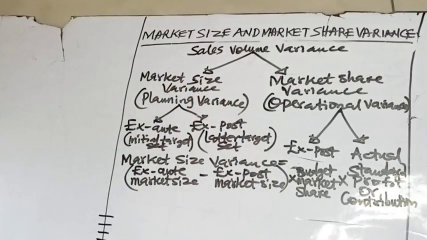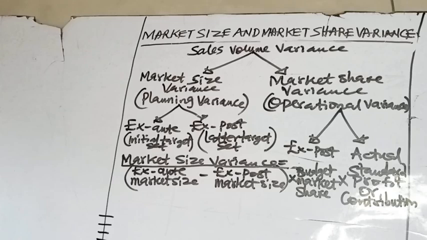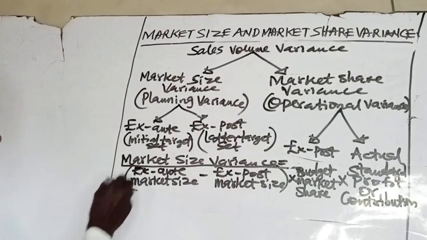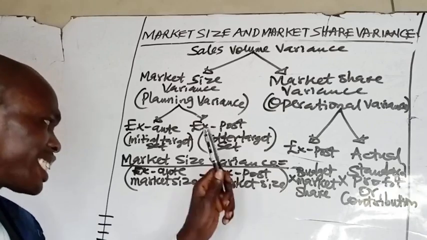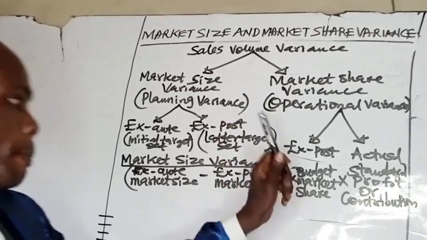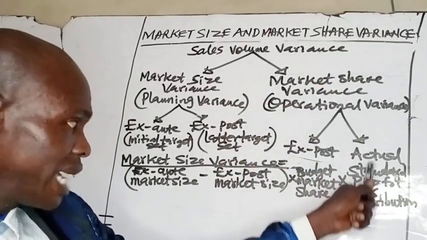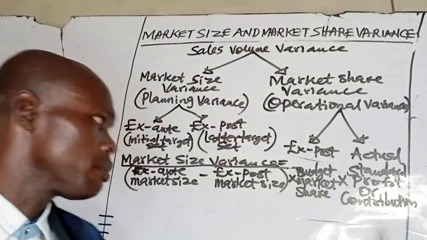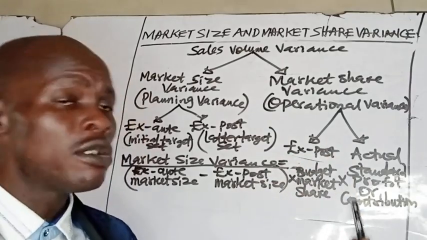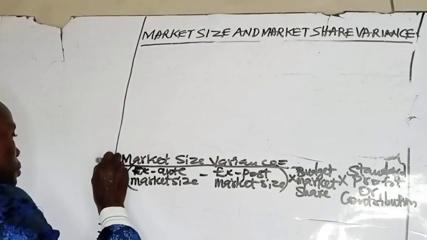So, market size variance is equal to ex ante market size minus ex post market size, multiplied by budget market share times standard profit. The standard profit, if you want to use absorption costing school of thought, while standard contribution for marginal costing school of thought. This is formula 1.